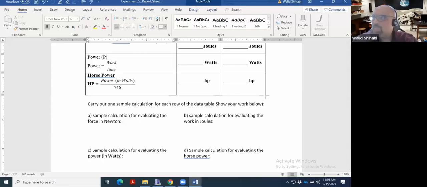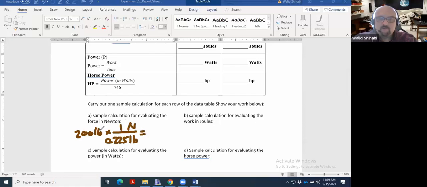Just to give you an example, in order not to lose points, guys, I just want you to get all the points. For example, to show the sample calculation of the Newton, suppose your weight is 200 pounds. You're multiplying 200 pounds by the conversion factor that has pounds in the denominator and Newton in the numerator, where 1 Newton is 0.225 pound.